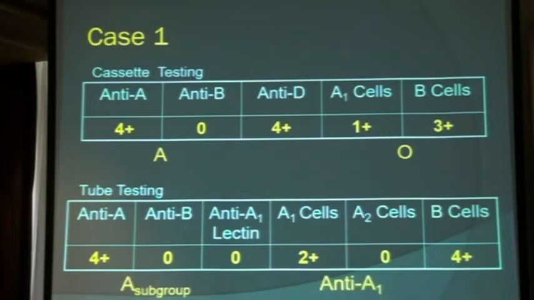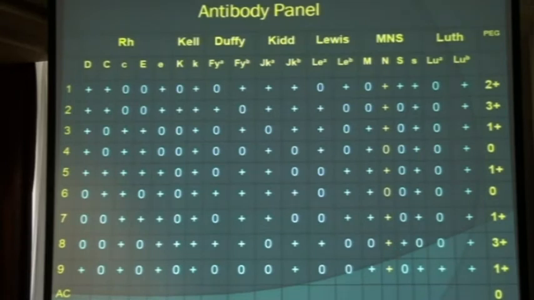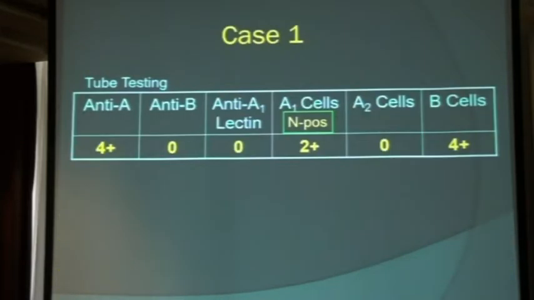Proceeding to antibody screening, it was +2 in cell 2 and cell 3, so it is possible to also have another alloantibody. We proceeded to the antibody panel, and the patient had anti-N alloantibody.